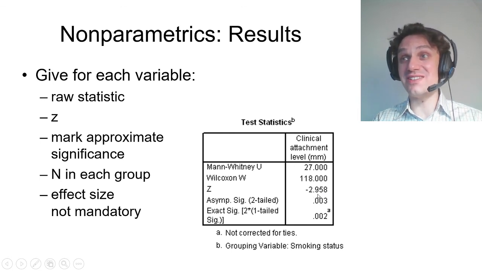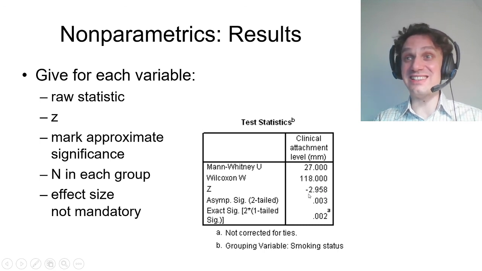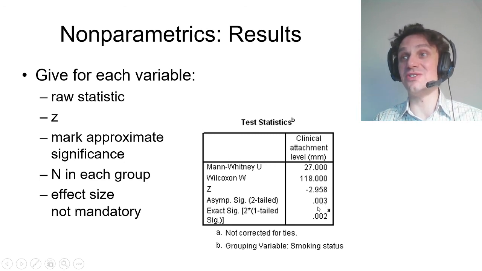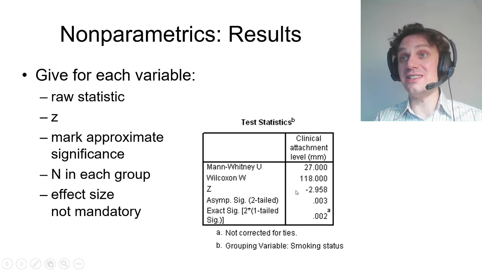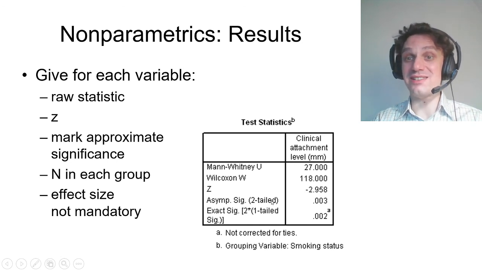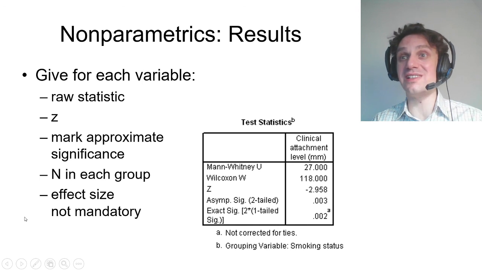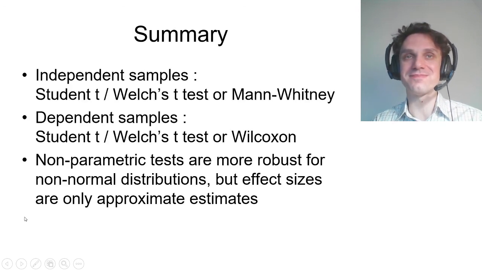And it's also above the critical value of 2.58, which means that this result is significant at p less than 0.01 level of significance. And here you see an exact significance estimate, 0.003, which suggests that it's a strongly different score in two groups. And you can use this to calculate effect size. Just divide this z by the square root of your total sample size, and you will get an R estimate.